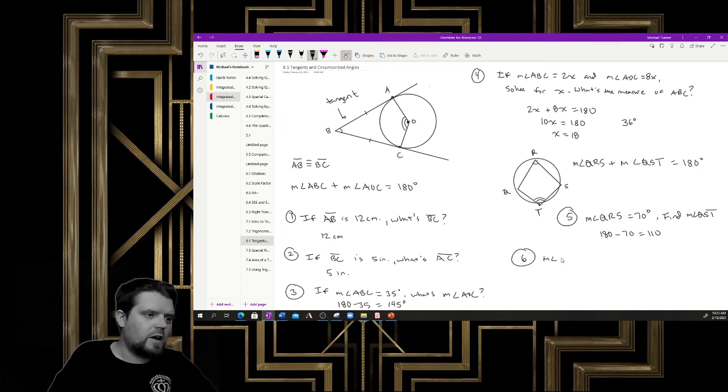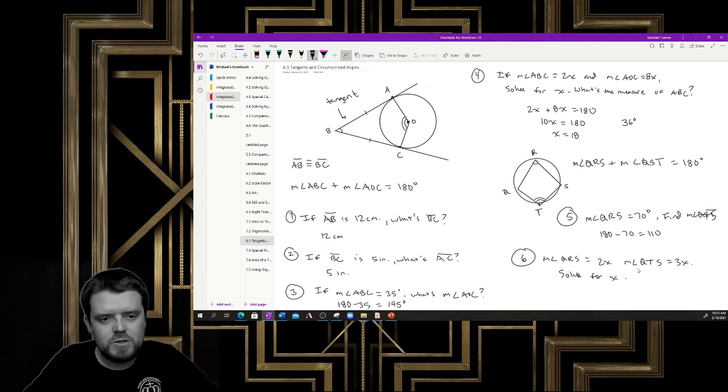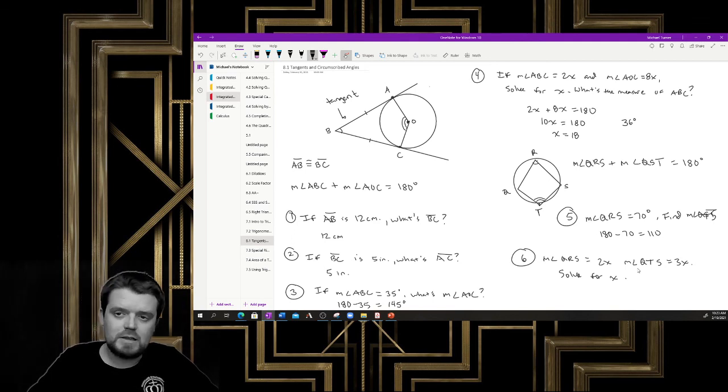So if the measure of angle QRS is 2x, and the measure of angle QTS is 3x, solve for x. Remember, in any diagram, you're always going by the given information, not by what it looks like.